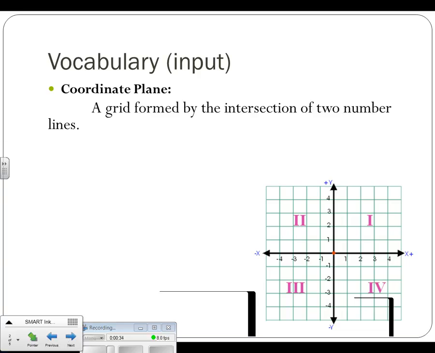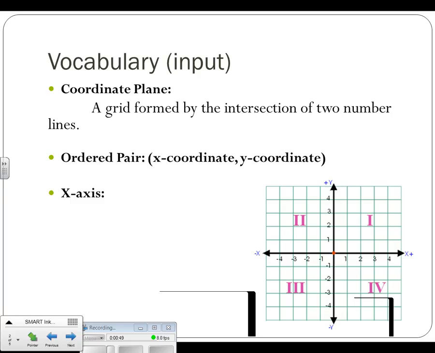It's a grid formed by the intersection of 2 number lines. An ordered pair is what we graph on a coordinate plane where we have an x-coordinate and a y-coordinate. The x-axis is the horizontal number line.